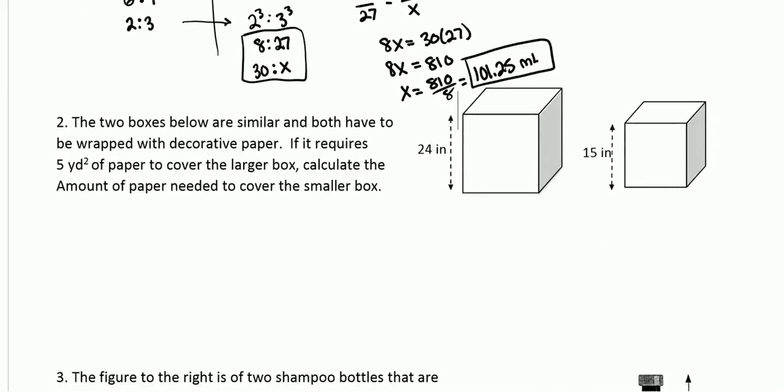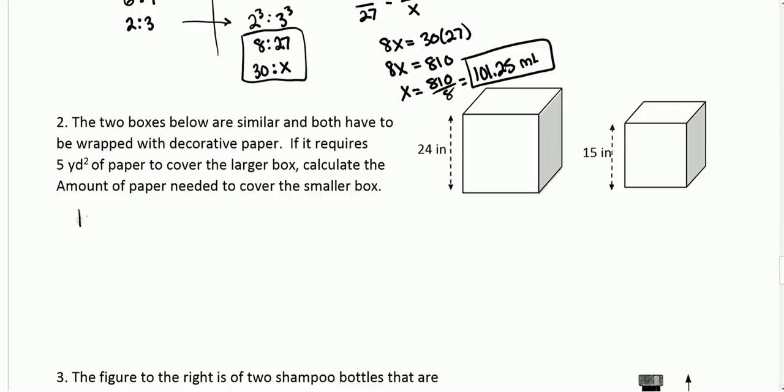Number 2, the two boxes below are similar and both have to be wrapped with decorative paper. If it requires 5 square yards of paper to cover the larger box, calculate the amount of paper needed to cover the smaller box. Notice they show you the heights.